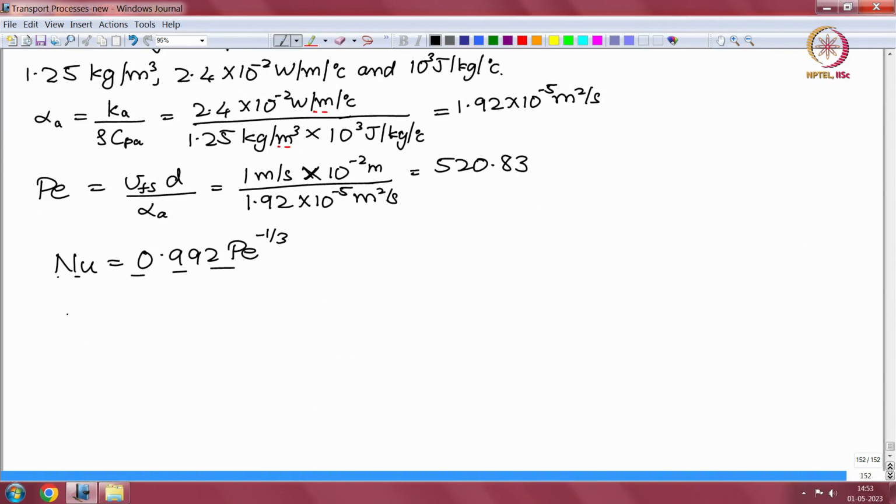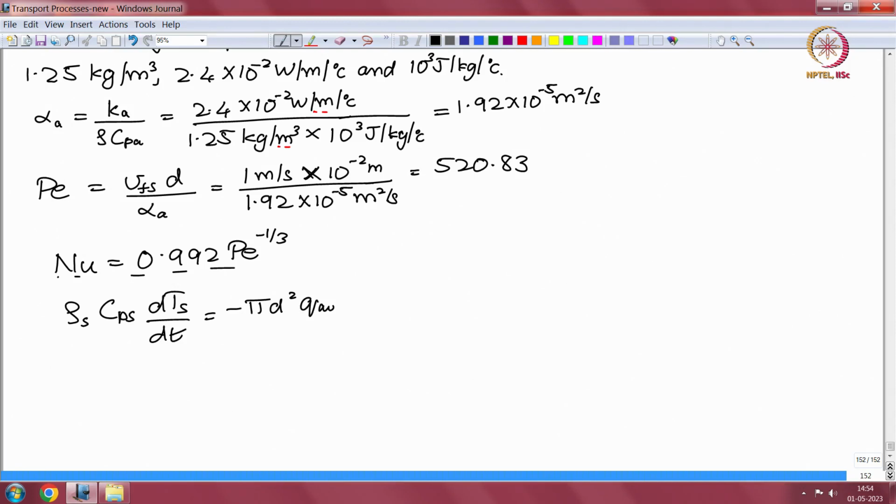The rate of change of energy of the sphere, rho of the sphere, the specific heat of the sphere times dT, is equal to minus pi d square times Q average. Pi d square is the surface area, and Q average is the average heat flux from the surface.